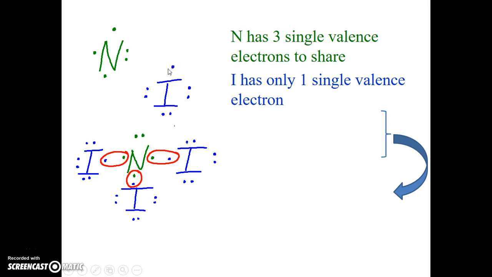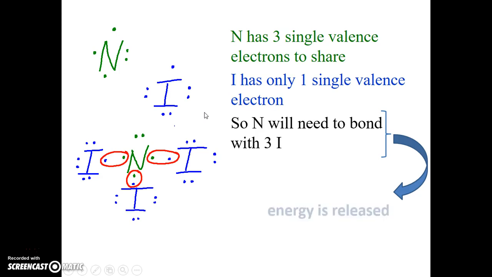Only 1 is single. So in order to form a compound between nitrogen and iodine, we need 3 iodine, so that all the single valence electrons of nitrogen are used up. As you can see in the diagram here, the electrons circled in red indicate electrons that are shared.